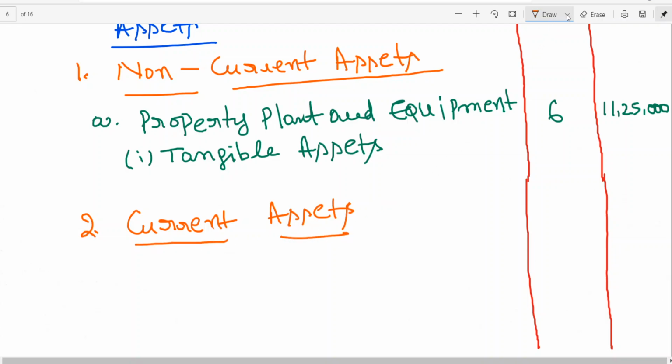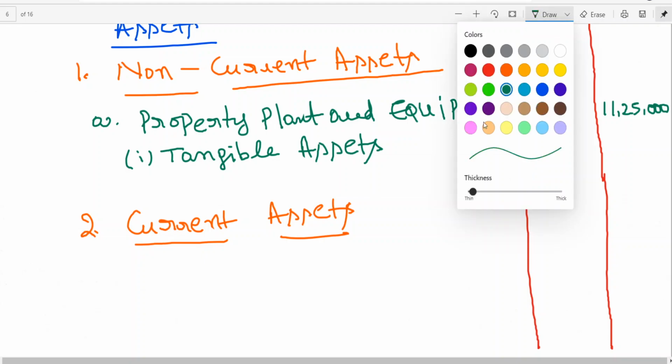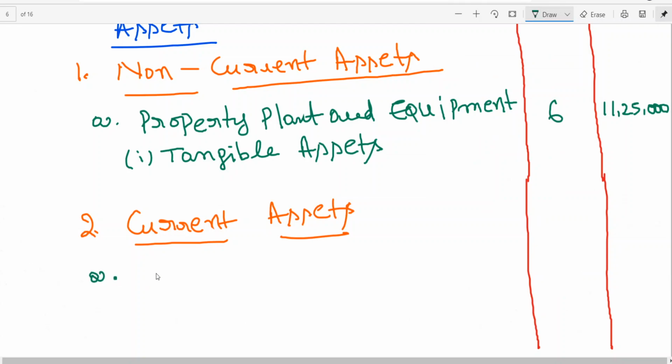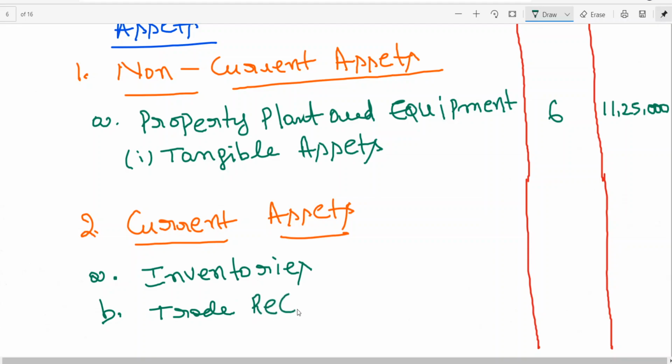Current assets. In current assets, now we should start with A, inventories. We have already done that. Subheading. Let me complete these. Inventories, we have done it. Trade receivable also we have opened notes. Trade receivables.